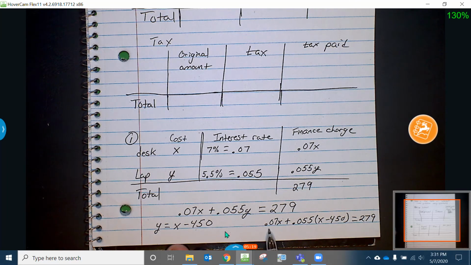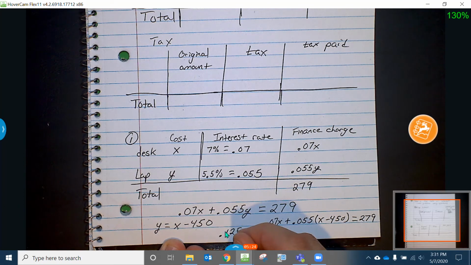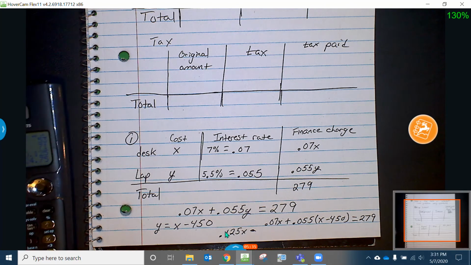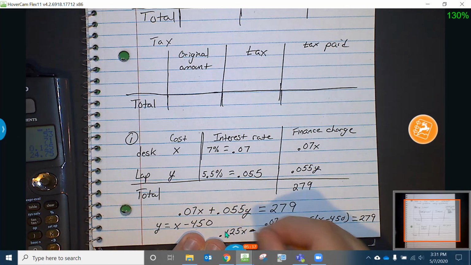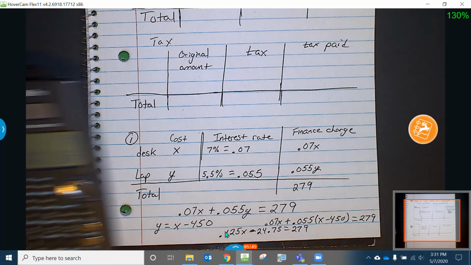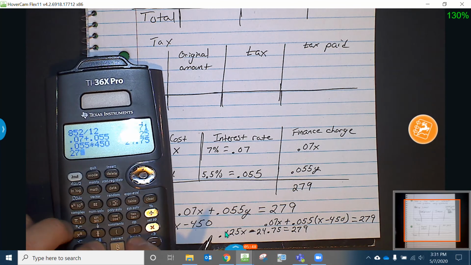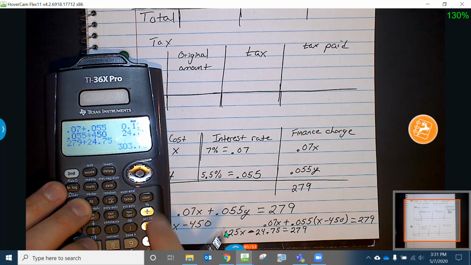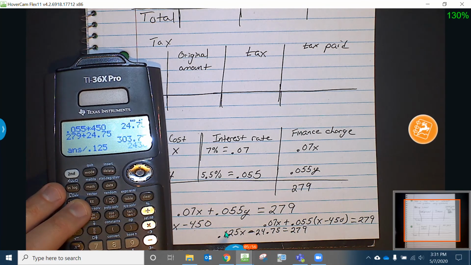So when you distribute, 0.07x plus 0.055x is 0.125x. We have a minus 0.055 times 450, which is 24.75, equals 279. Okay, so take our 279, add the 24.75, and then divide by the 0.125.